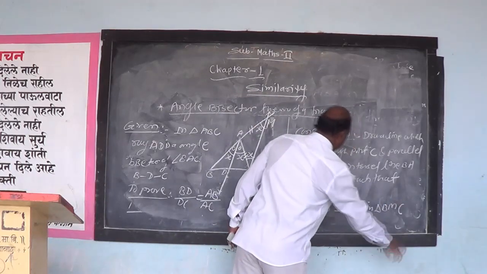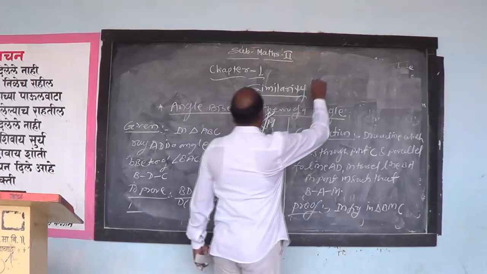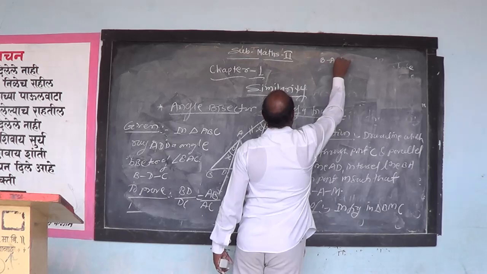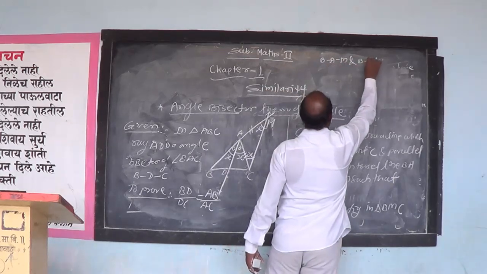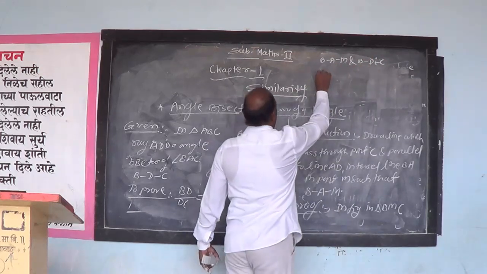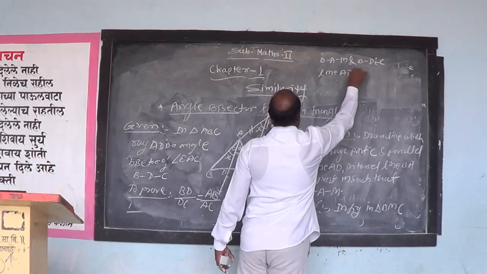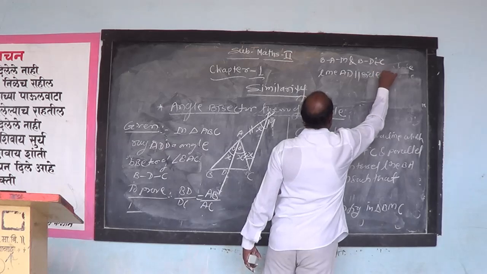BMC, here B dash, A dash M and B dash C, and line AD parallel to side MC.